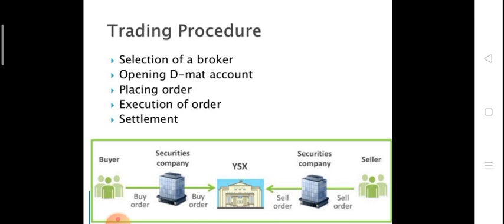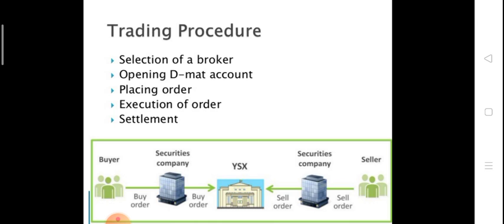Let's take an example again: a buyer wants to purchase shares of a company, say YSX. He contacts the broker in a security company, and then the stock exchange gives the order. And if a person wants to sell securities, the seller contacts the broker, the broker sends that information to the company, and then the company pays that amount back to the seller.